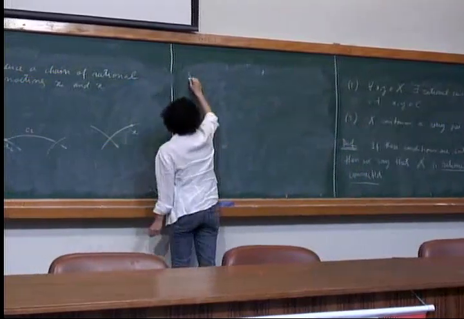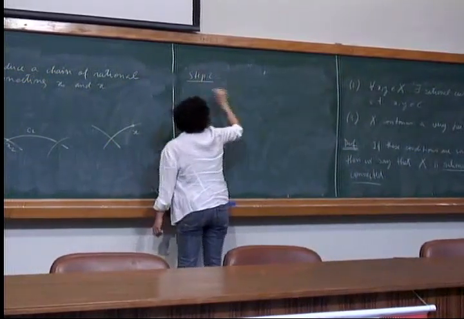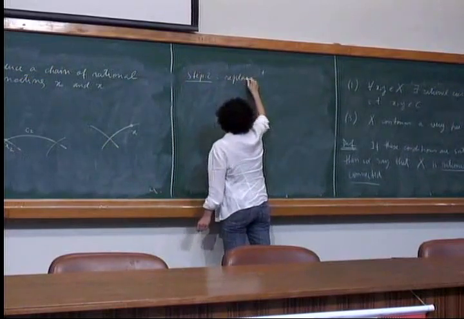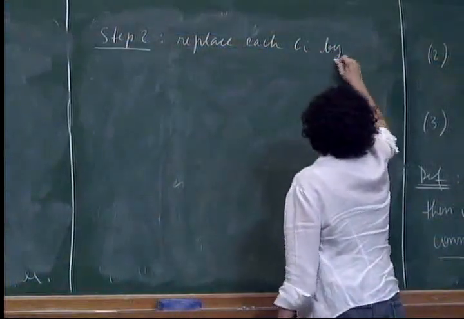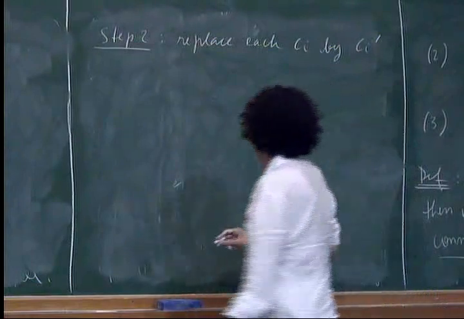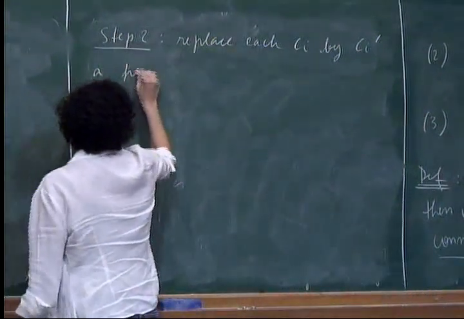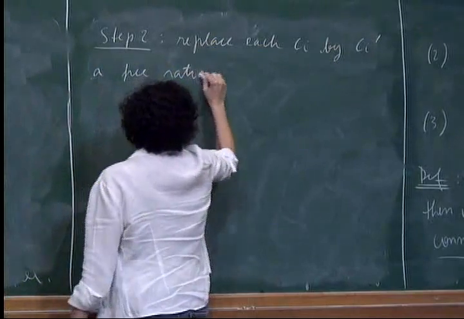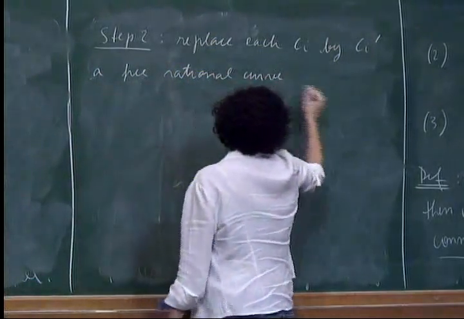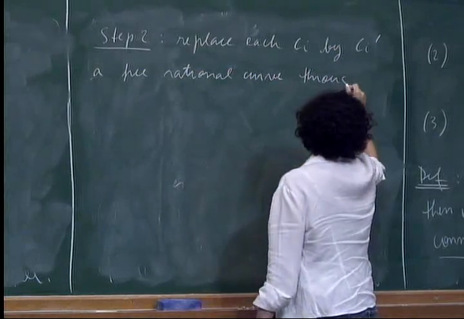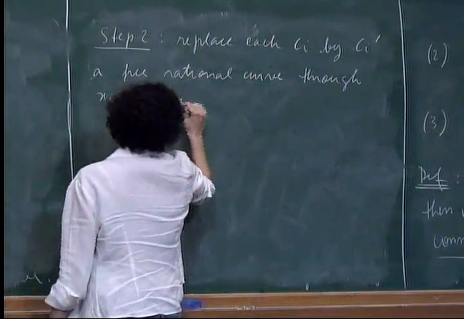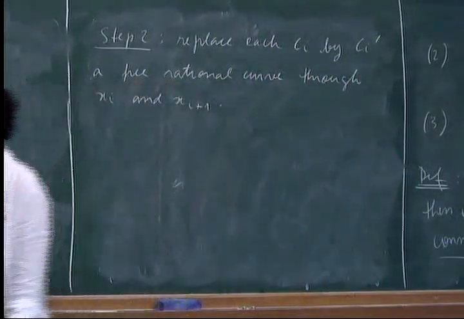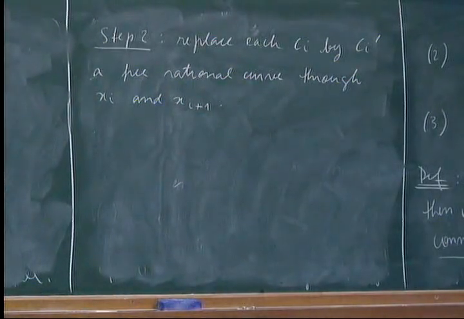So step 2: replace each ci by ci prime, which is now a free rational curve that will still pass through xi and xi plus 1. How do I do this? Now I will use one of the properties that I have described.